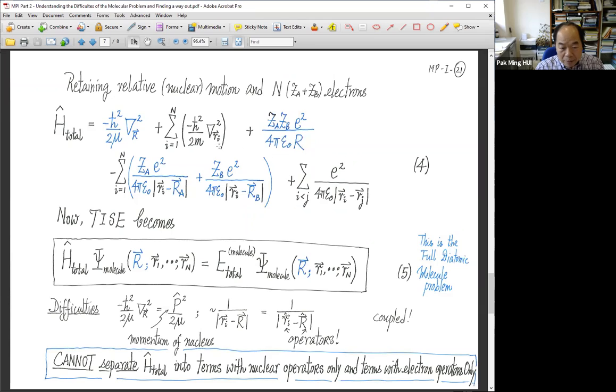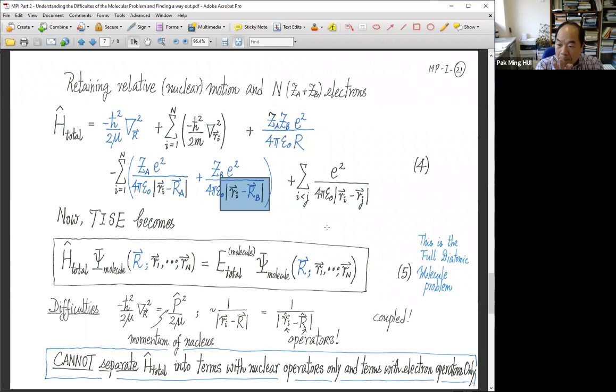At the same time, you have kinetic operator for the electron and position operators for the electrons. Everything goes together, and in particular, look at such terms. Do you see the electrons' coordinates coupled with the nucleus coordinate in a very bad way, 1 over this distance?